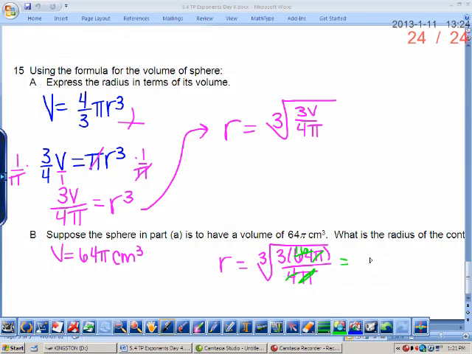So this becomes the cube root of, what's 3 times 16? 48. So let's see if we can simplify the cube root of 48. What's a cube that we know goes into that? 8, good. It's 8 times 6. What's the cube root of 8? So this is 2 times the cube root of 6 centimeters.